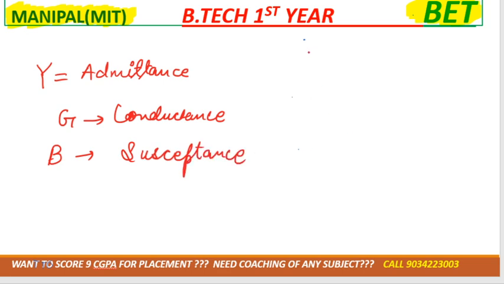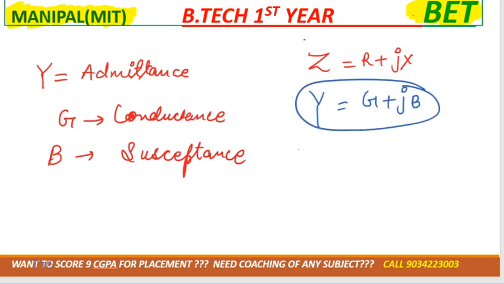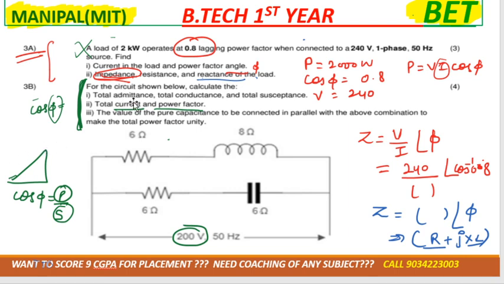Okay, so similarly, as we have Z is equal to R plus JX, we'll have Y is equal to G plus JB. This is the formula. You can write it down also. In this they ask you admittance, conductance and susceptance, right?